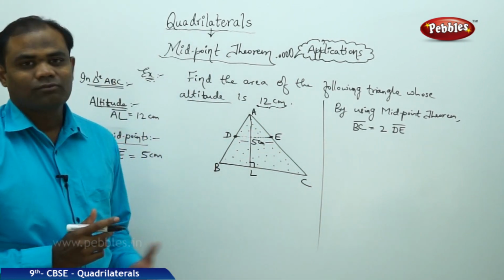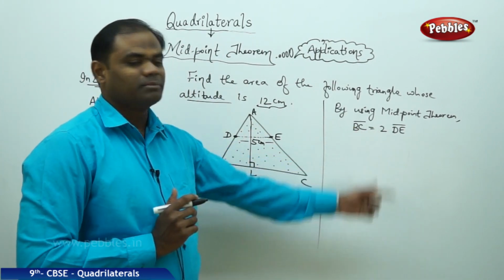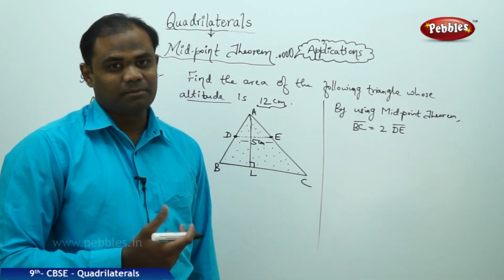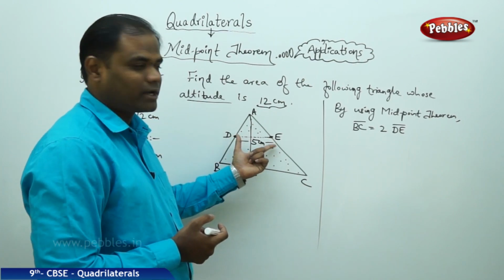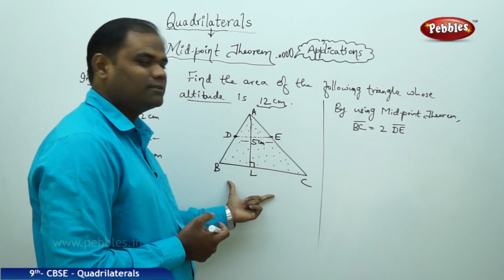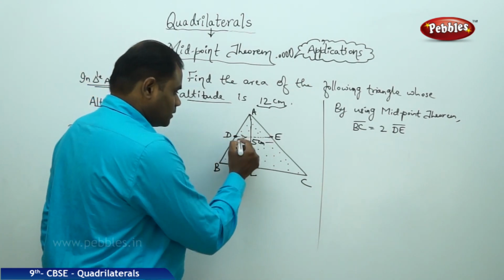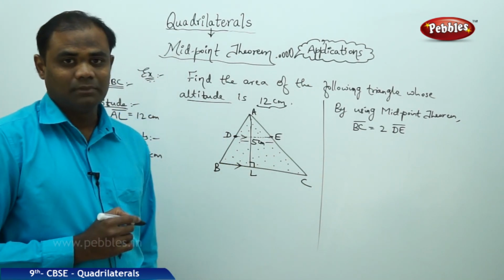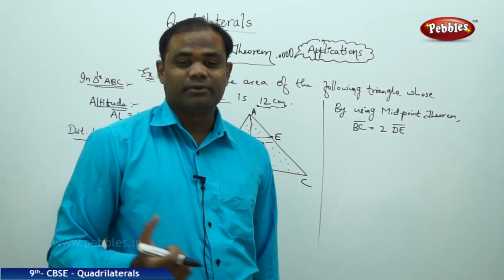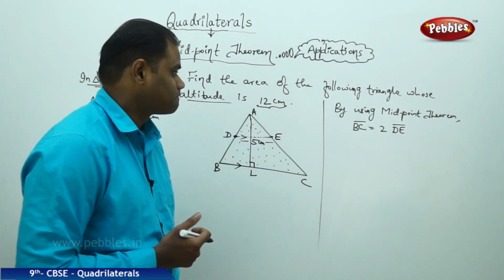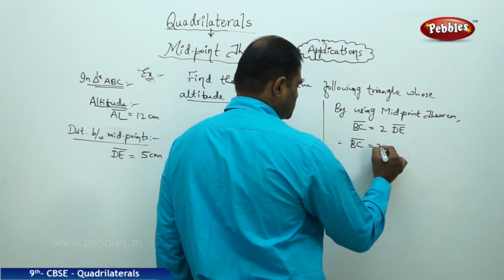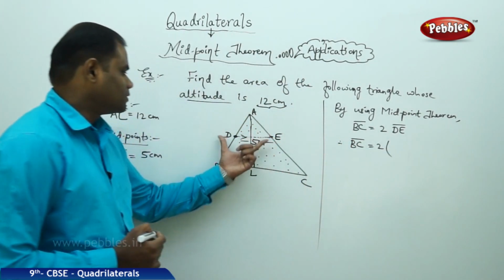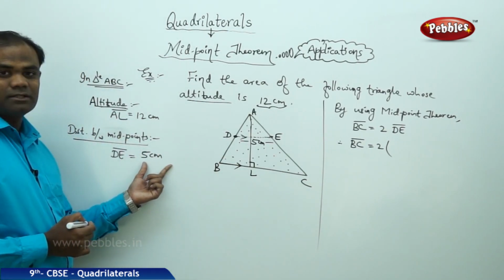This is strictly from the extension of the midpoint theorem, as we have seen in the previous session. When a line joins the midpoints of two sides of a triangle, it is exactly half of the third side, and of course parallel to it. Therefore, my BC is twice DE, which is given to be 5 centimeters.